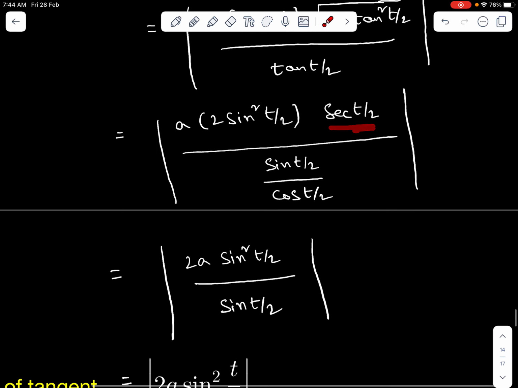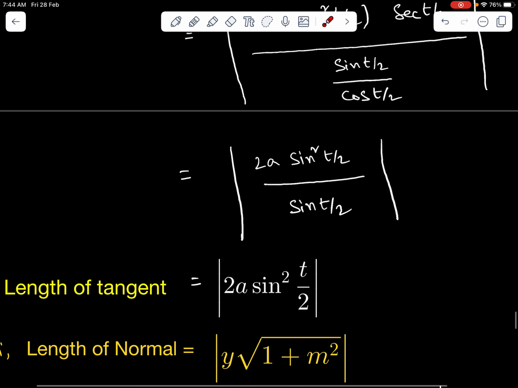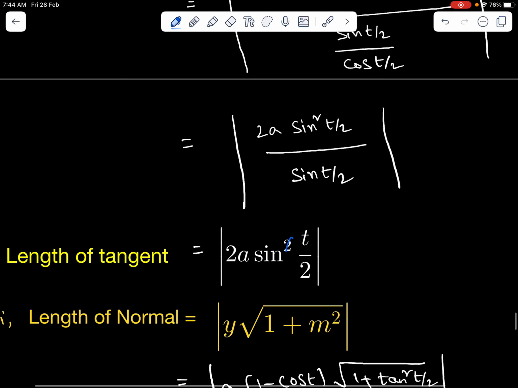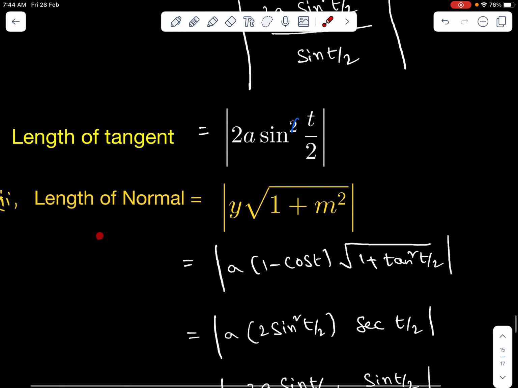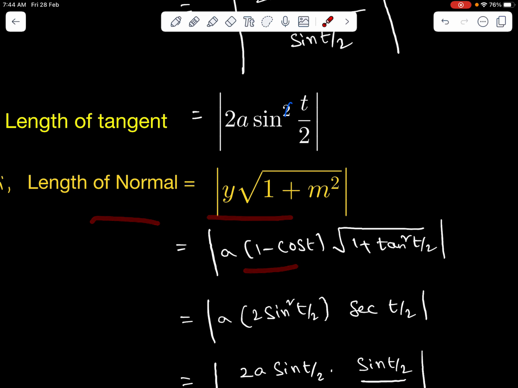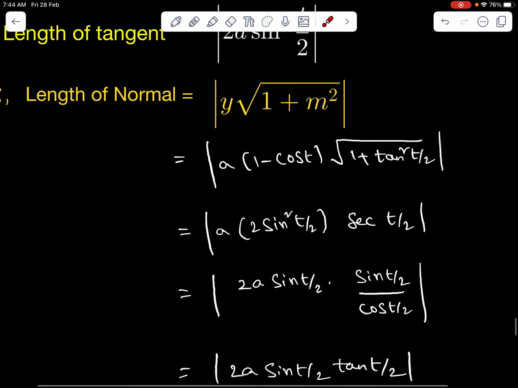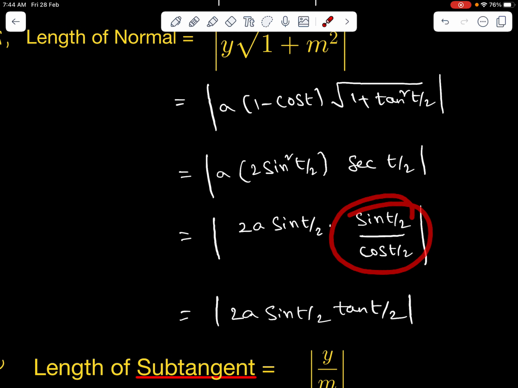Simplifying that, I get 2 sin square t by 2 by sin t by 2, the sin t by 2 cancels. Therefore, the answer, length of the tangent, is 2a sin square t by 2 by sin t by 2. Next, length of the normal is mod y into root over 1 plus m square, a into 2 sin square t by 2, secant t by 2, that is equal to 2a sin t by 2 tan t by 2.